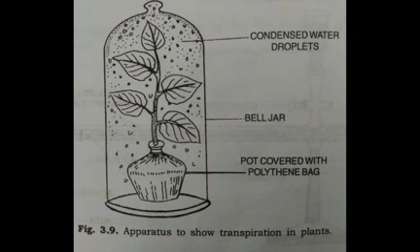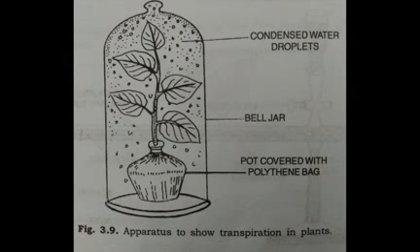Now, for your knowledge, just know these important points, what are the factors that affect transpiration. The various factors are there. I won't go into details of all these things.